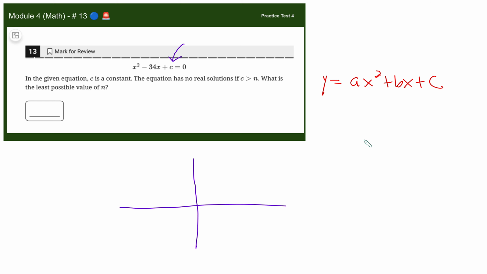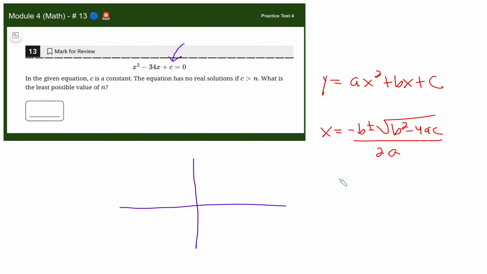And if you did the whole quadratic formula, you get x equals negative b plus or minus the square root of b squared minus 4ac all over 2a. Okay, and this little piece in here is called the discriminant, that b squared minus 4ac.